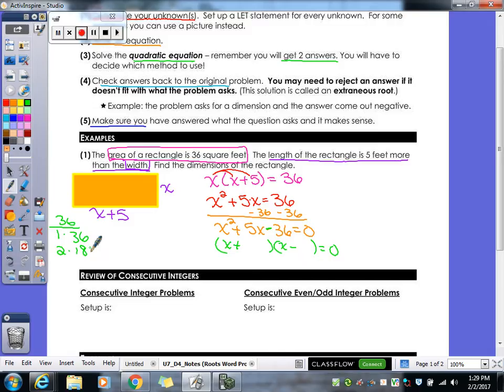You do 18 divided by x in your calculator. 3 times 12. There's 2 more. 4 times 9, 6 times 6. So which one will give us a 5? 4 and 9. 9 will be my positive, 4 would be my negative.